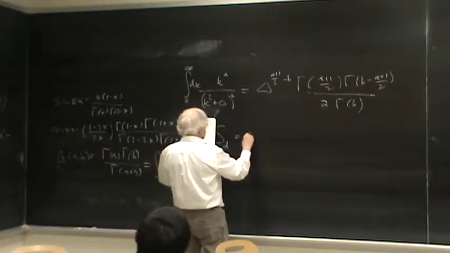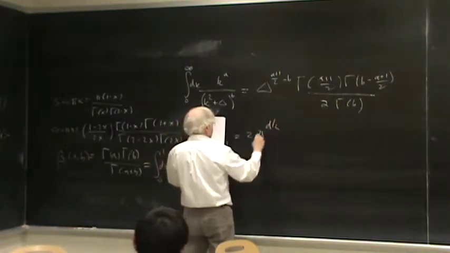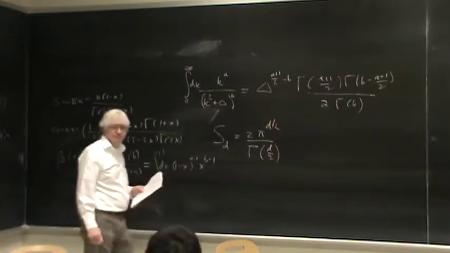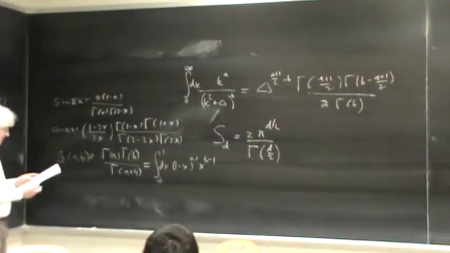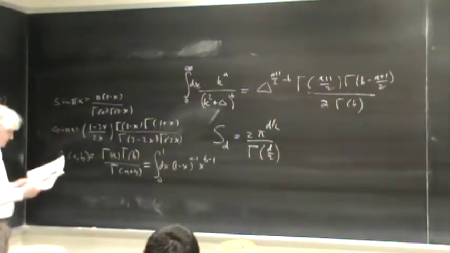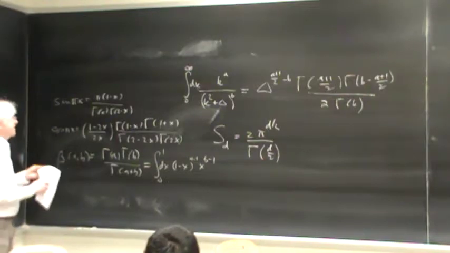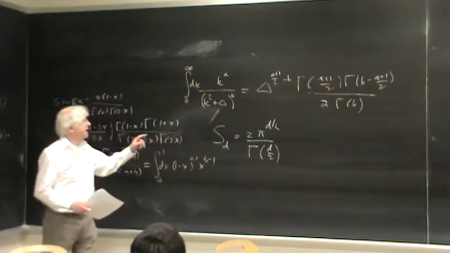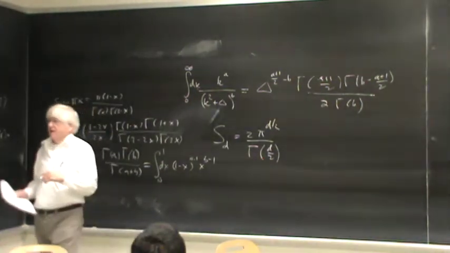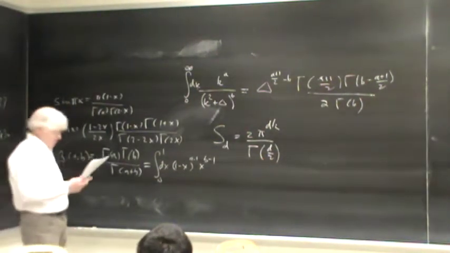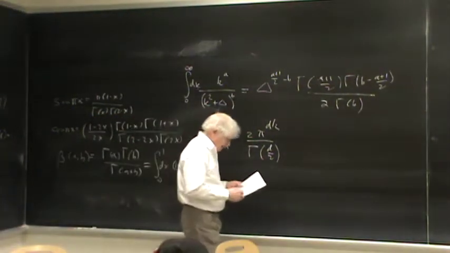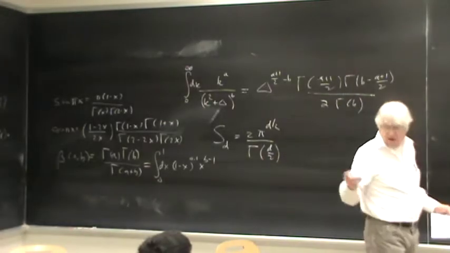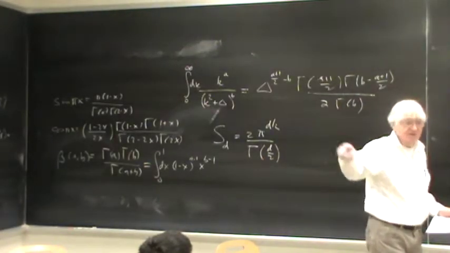But anyway, this thing is 2 pi to the d over 2 divided by gamma of d over 2. And if we combine those things together, then we can compute some of these integrals that occur in dimensional regularization, or for that matter, occur just doing things the way I was doing them there.